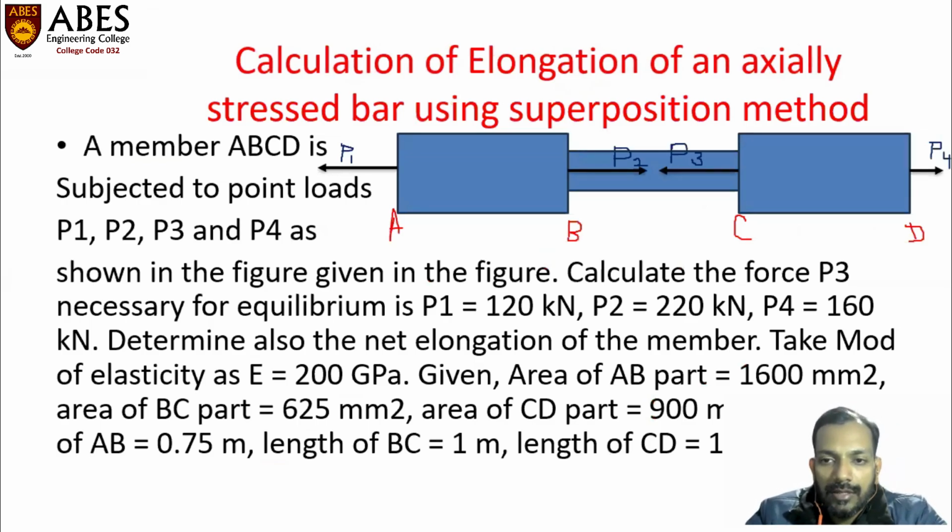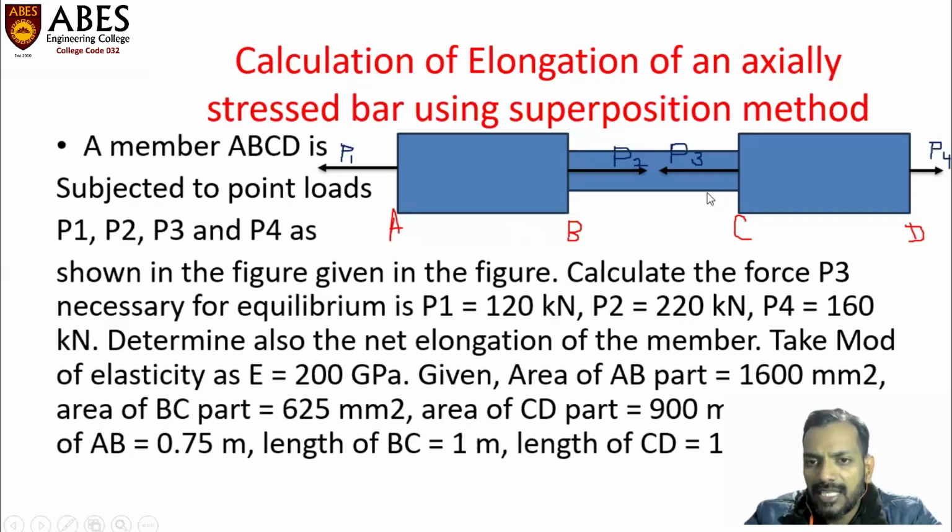Students, please read this problem very carefully. Calculation of elongation of an axially stressed bar using the superposition method. This is the bar having different cross sections. You can see in this question, there are three segments AB, BC and CD. The portion AB has a length of 0.75 meter.